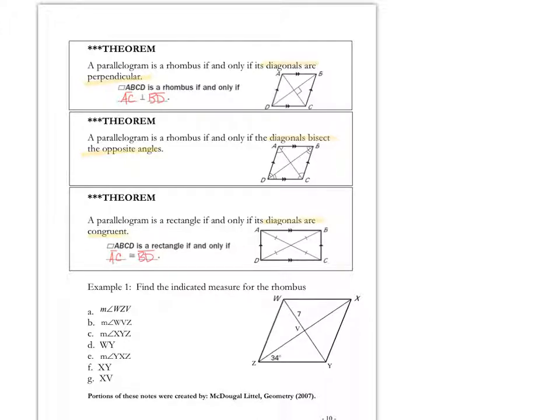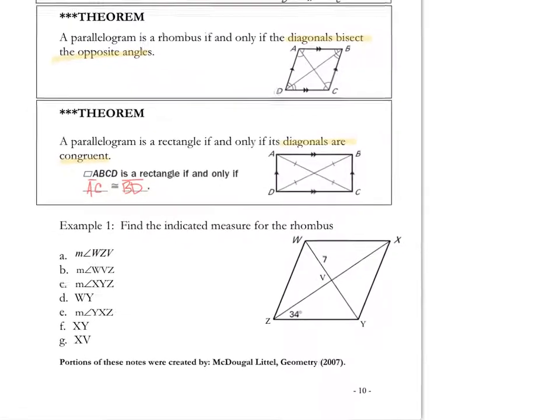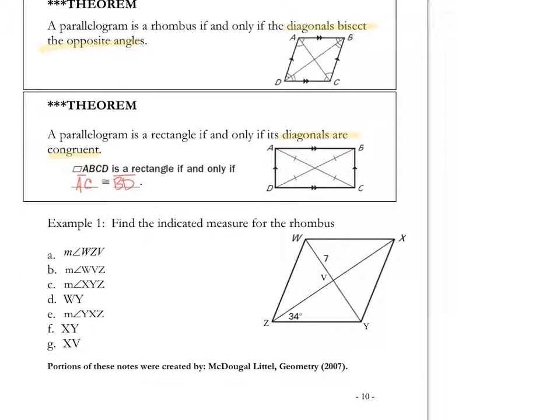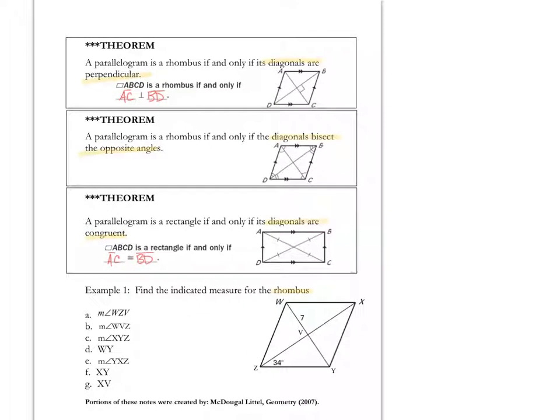So we have a couple for rhombus and one for a rectangle. And this is the last problem. So this is a rhombus. So use those rhombus theorems, and remember every other theorem for a parallelogram also works. So everything that we just talked about also works.